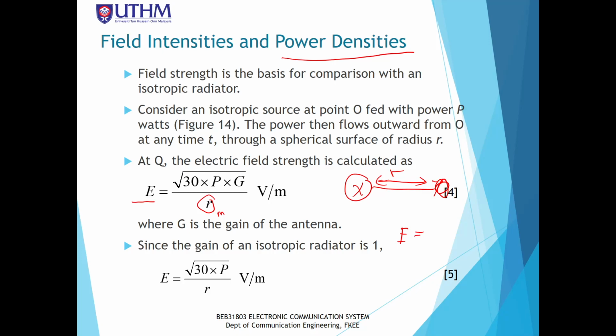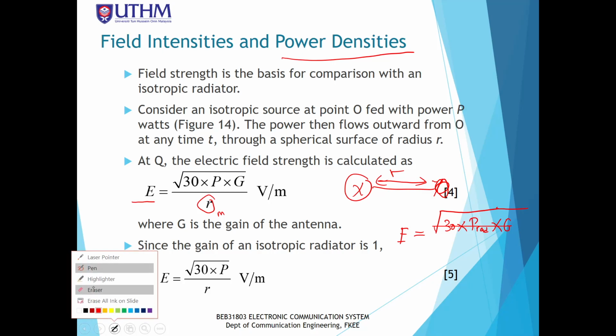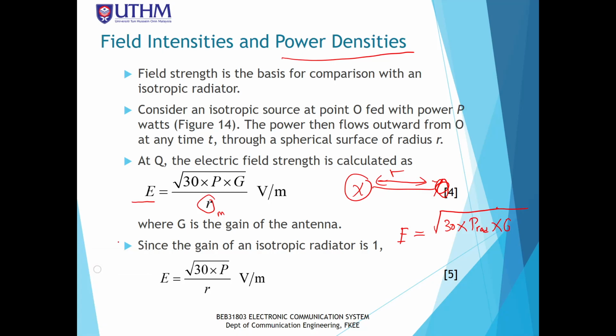E can also be written as square root of 30 times P radiation, multiplied with directivity gain, GD, divide with R.